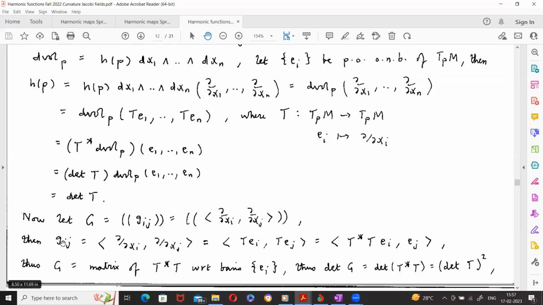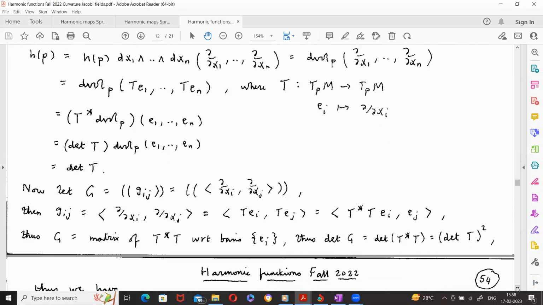In other words, G is the matrix of T star T with respect to the basis e_i. Therefore, the determinant of G is the determinant of T star T, which is the determinant of T whole squared. That means the determinant of T is nothing but the square root of det G. So this coefficient h is the square root of determinant G.